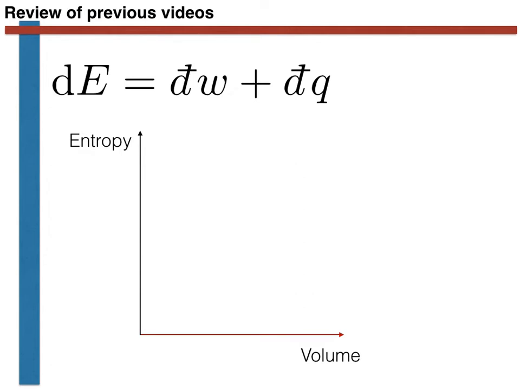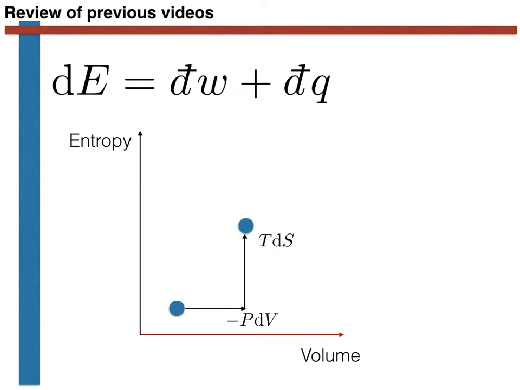What it is essential to realise in doing this is that the internal energy is a function of state. The integral of this quantity around a closed path is thus equal to 0, and we can thus write the change in internal energy on moving between the two states shown here as a linear combination of the changes in internal energy that occur as we move parallel to the volume axis, which we can calculate by considering the amount of work the system does if the volume changes, and the change in internal energy that occurs as we move parallel to the entropy axis, which we can calculate using the second law of thermodynamics.